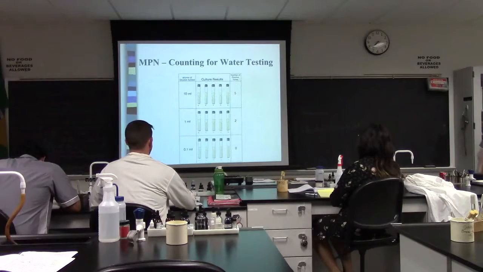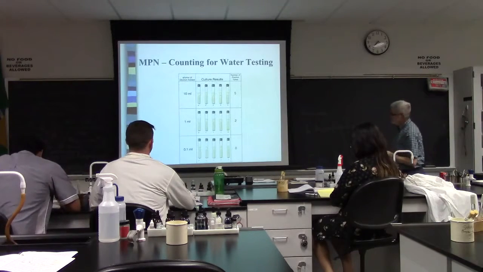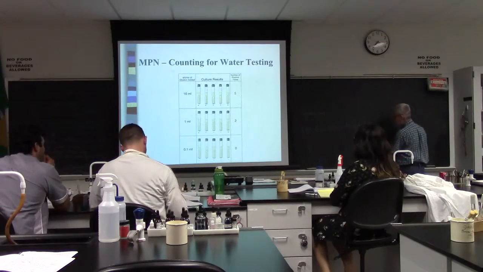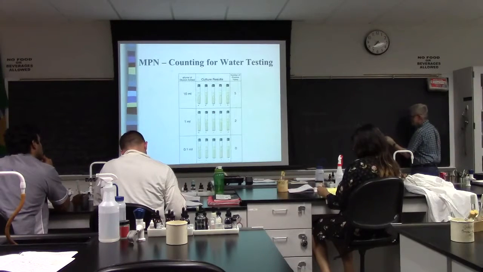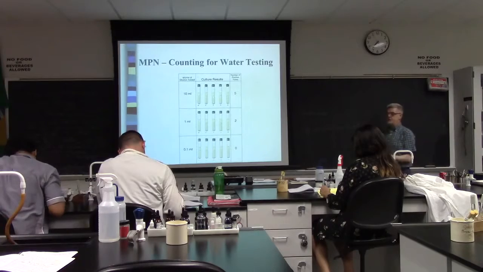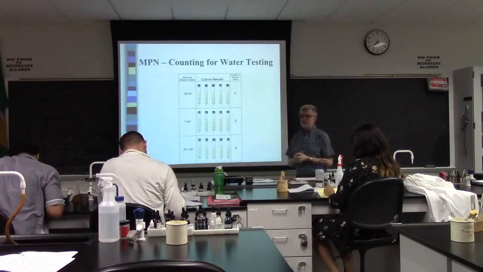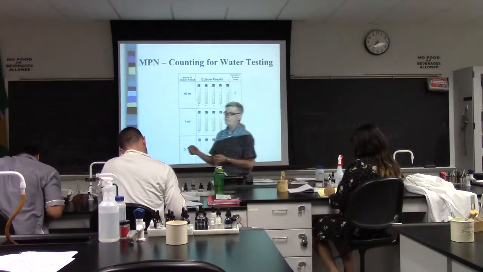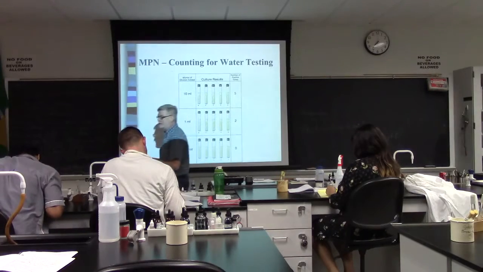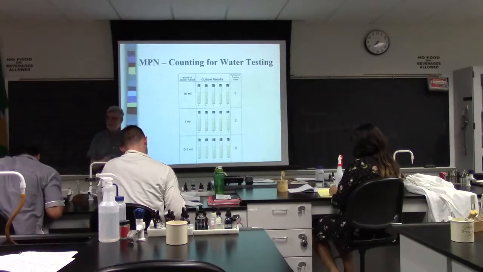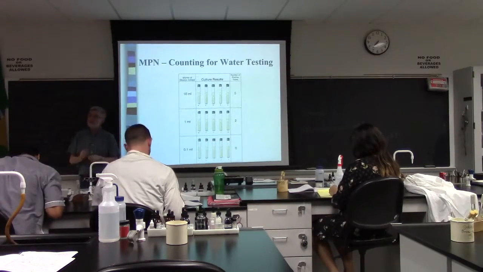I'm going to talk about one that's on the list just before this, and it's called dry weight. This one is an indirect method of measuring how many bacteria are in a fluid. What you do is you measure a piece of filter paper's weight on an ultra balance that goes down to a 10,000th of a gram.